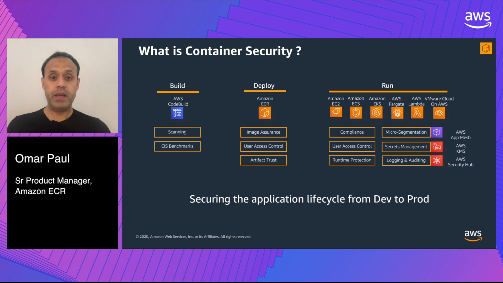In each pillar, right, build, deploy, and run, you have to think about security for that stage, right? For example, securing network access between nodes in your running clusters, that is something AWS App Mesh can help with, right? Checking for vulnerabilities in your images before you deploy in production, that's something ECR can help with.